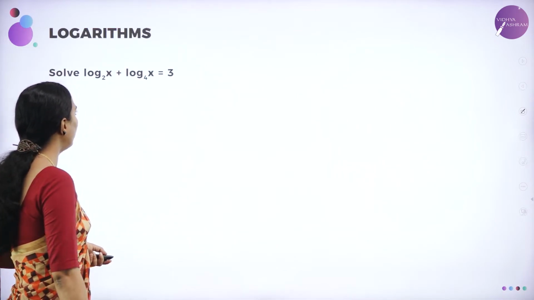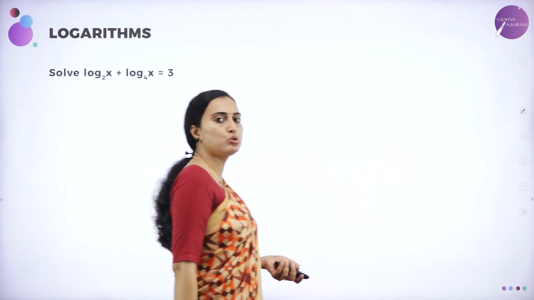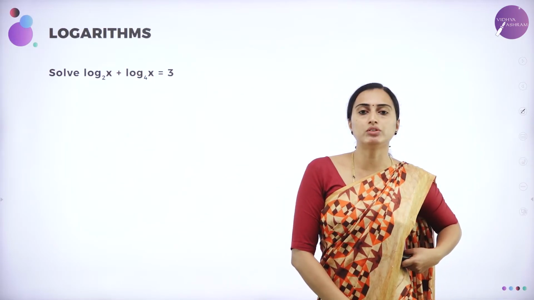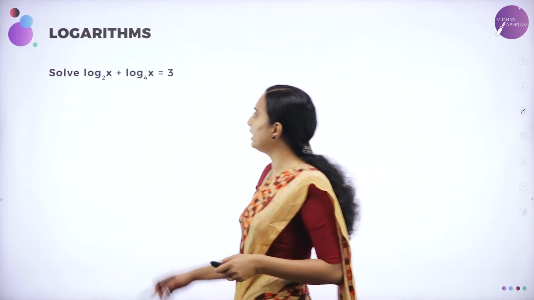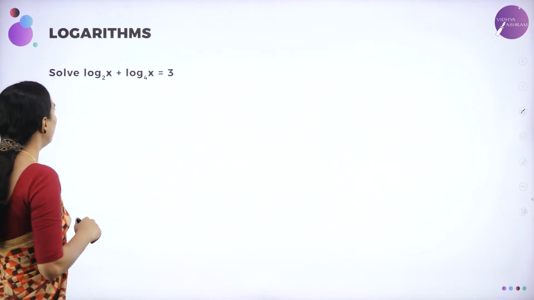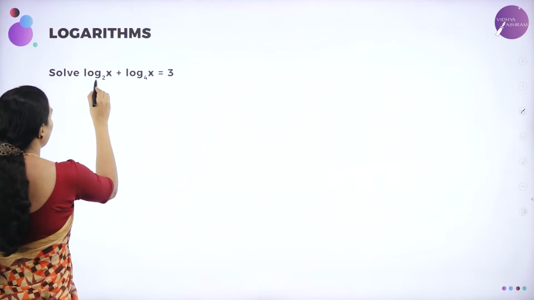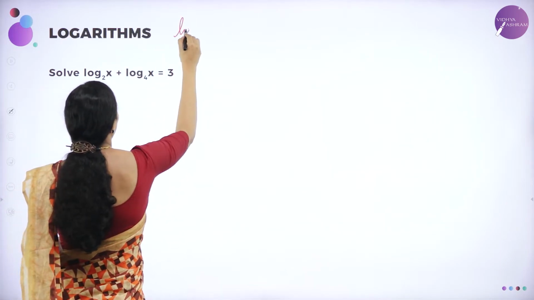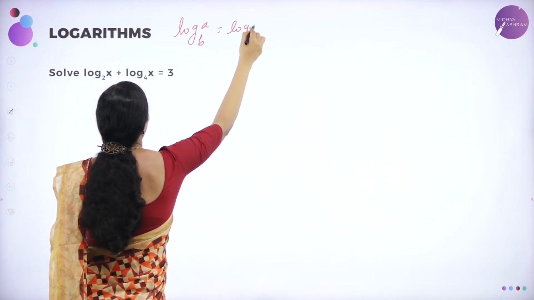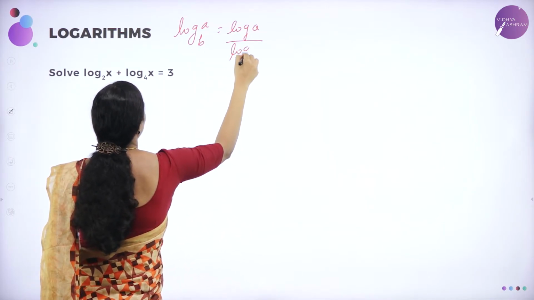What they have asked? Solve for x, that is log x to the base 2 plus log x to the base 4 is equal to 3. Let me solve by taking the left hand side here. I can write this one according to the formula log a to base b can be written as log a divided by log b.